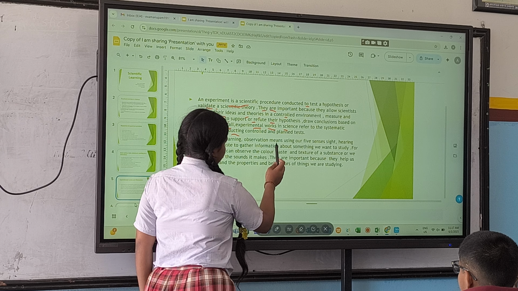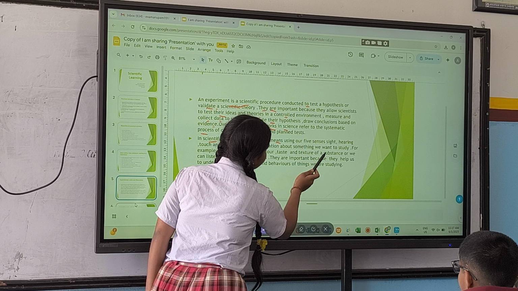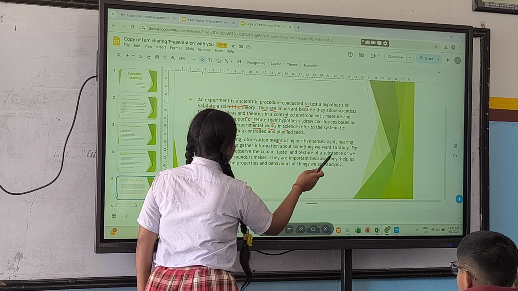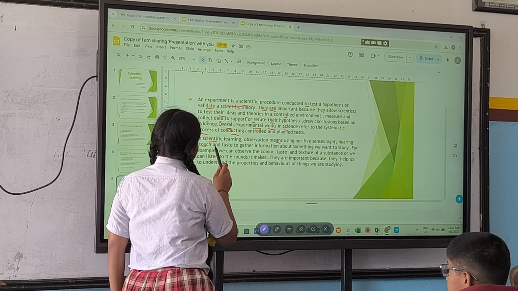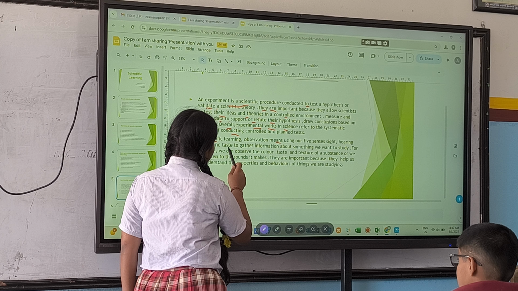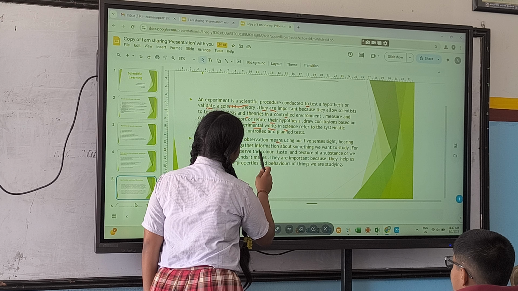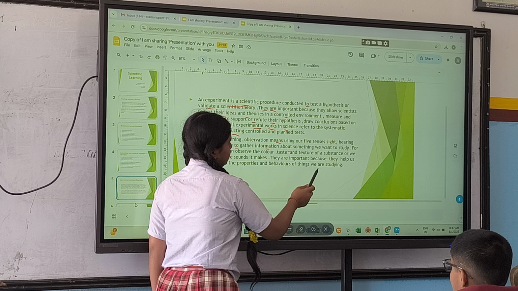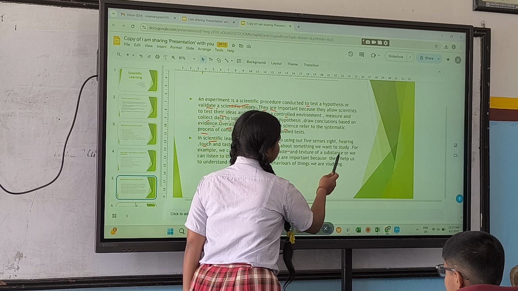Observation means using our five senses: sight, hearing, touch, and taste to gather information about something we want to study.